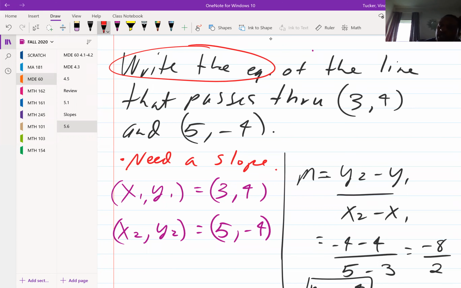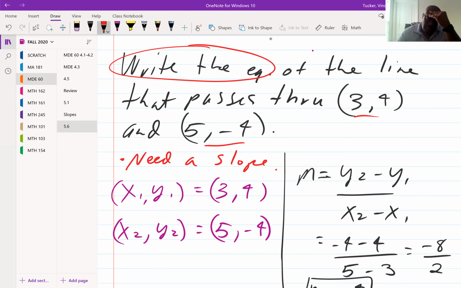So we want to know what equation passes through the points (3, 4) and (5, -4). We've got to figure out which of the three types of equation to use. According to the information that's given to you, that will dictate what you do next. That goes back to solving: what dictates what you do next is what has been given to you.